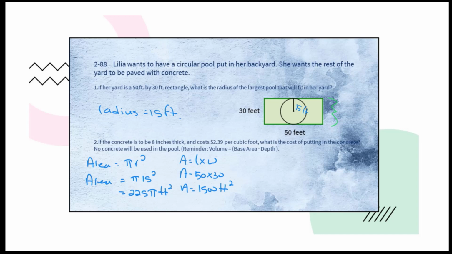So what we're going to have to do is subtract 225 pi feet squared from 1,500 feet squared. And when you do that, 1,500 minus 225 pi, and you can check this out on the calculator, is actually 793.14 feet squared. So that's the surface area of what we need actually calculated.